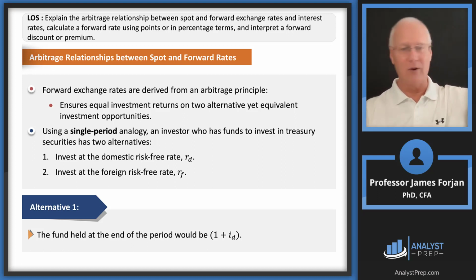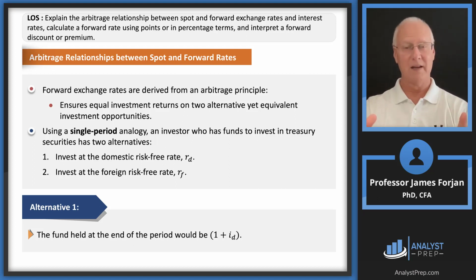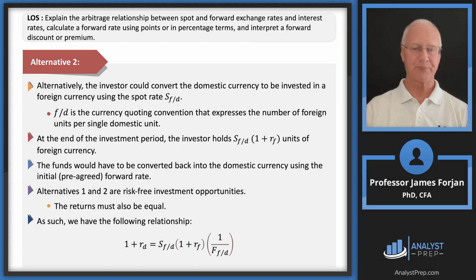I'm a knucklehead, I don't know what I'm doing with all my money, I'm going out there and investing over here, right? Well, then there's third-party risk or some kind of default risk or something else. But here, at this point of the learning outcome statements, the Institute pretty much assumes that when you sign that forward contract, you sign it with the Rock of Gibraltar Bank.